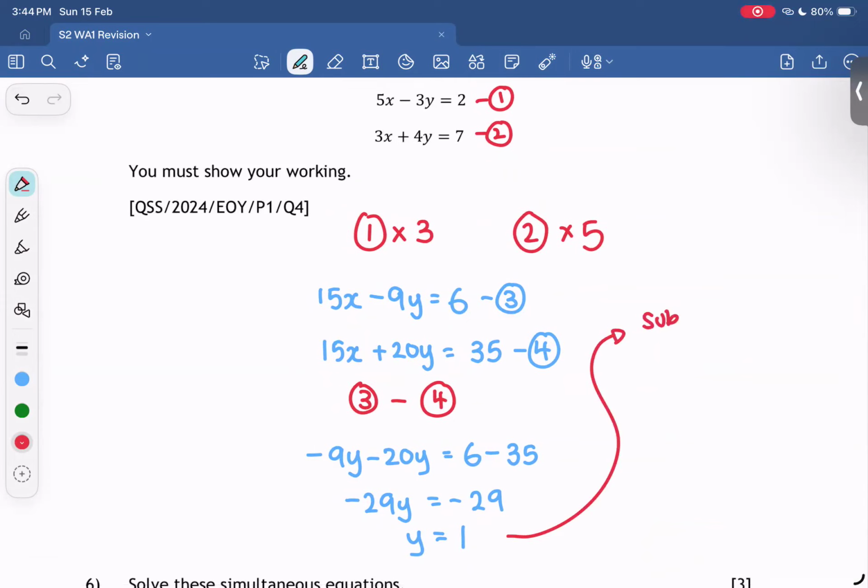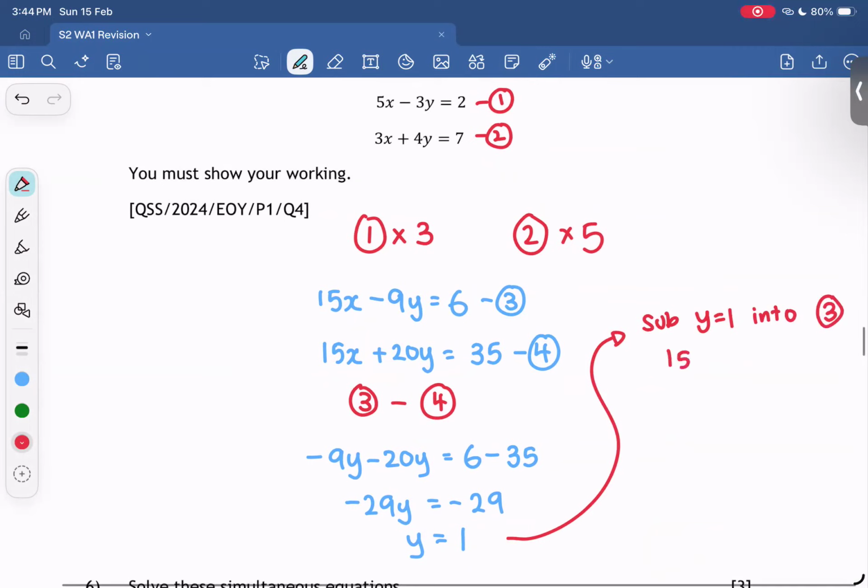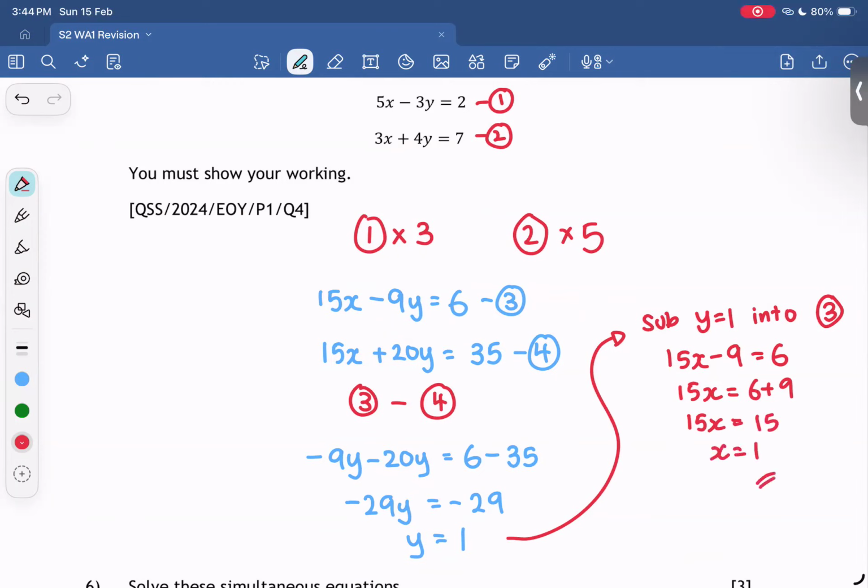So sub y equals 1 into equation 3. It will be 15x minus 9 times 1, that's just 9, which equals 6. I can bring the minus 9 over, so 15x equals 6 plus 9. 15x equals 15, then x also equals 1.